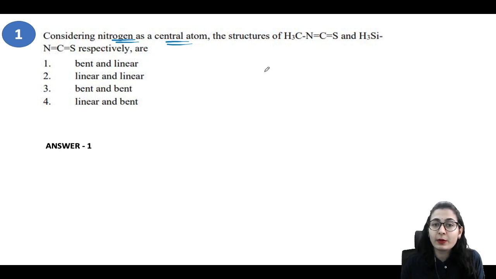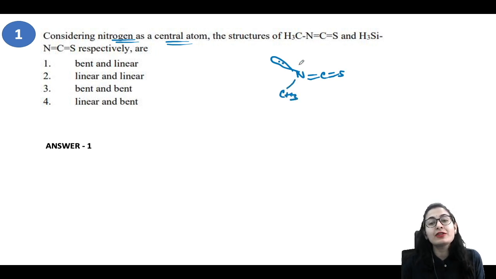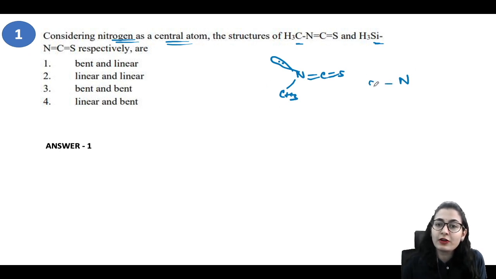This is a very basic question from chemical bonding which came this time, around IIT JEE level, because everyone studies this there. Why is the nitrogen going to give you a difference in structure based on carbon and silicon? Only that is the difference in both of these. Carbon does not have a vacant d orbital, however silicon has a vacant d orbital.